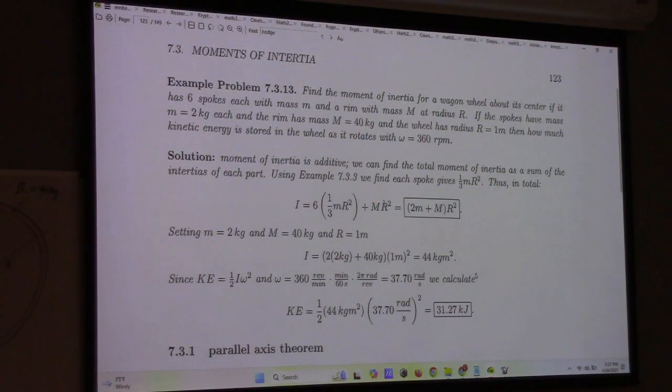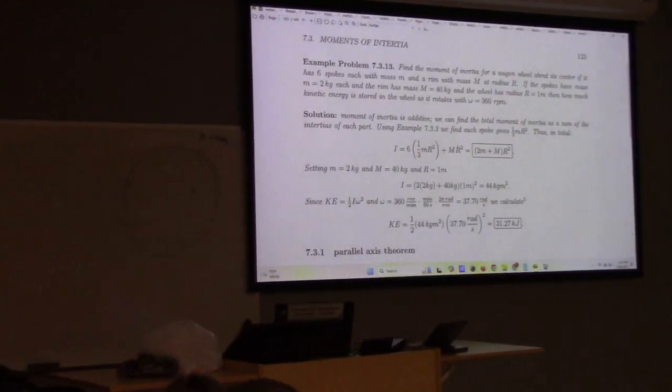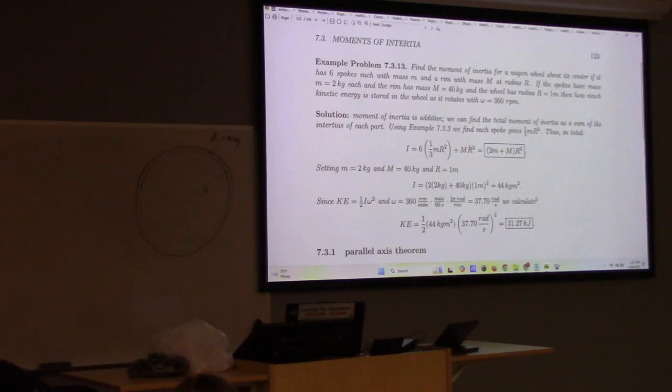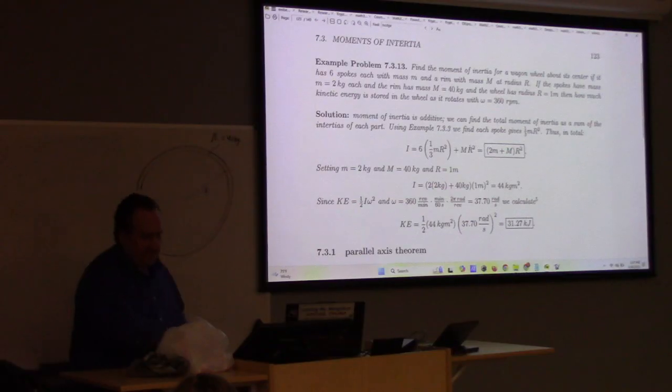And then how many spokes did I say? 6. All right. So I'm kind of zoomed in on the board at the moment. I should probably zoom out a bit. Then, I'm assuming they're placed symmetrically.